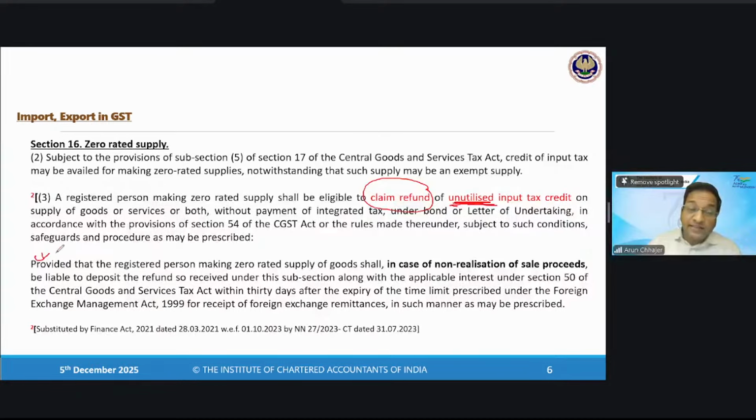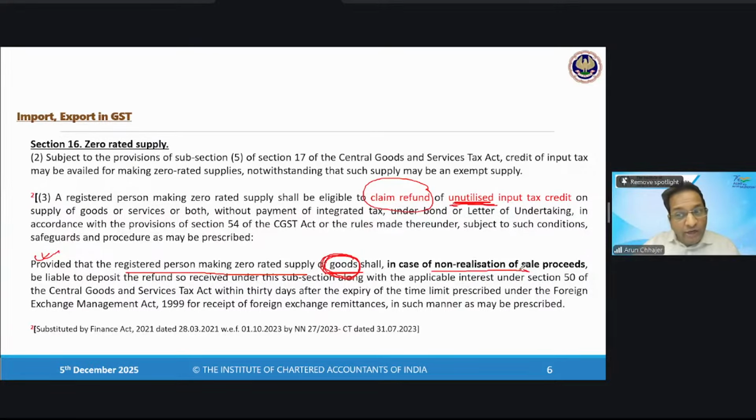Further proviso was added, which says that a registered person making the zero rated supply, in case of non-realization of sale proceeds, is this proviso applicable for goods or services or both? Answer is goods. Okay.